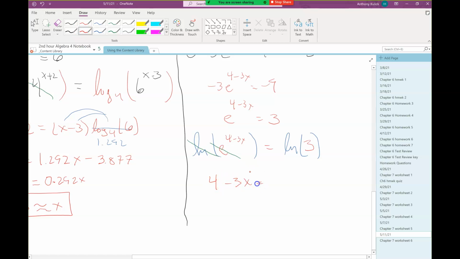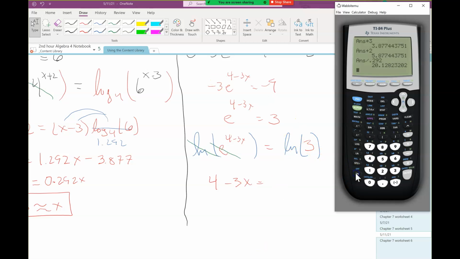So I have 4 minus 3x, and the natural log of 3 again, just a decimal. So we could go to our calculator and type that in. So what's that? 1.099.